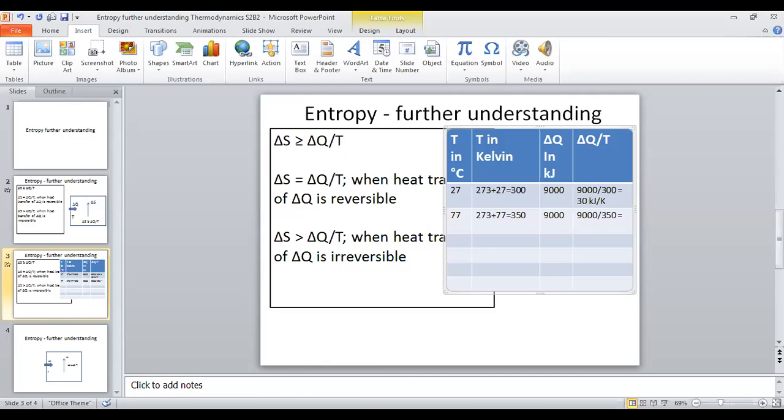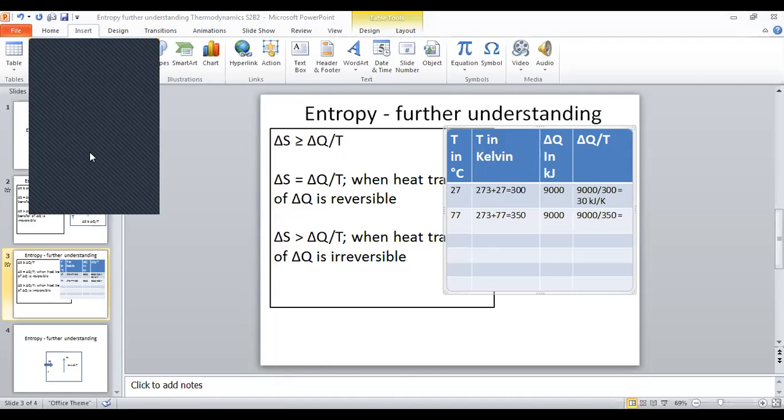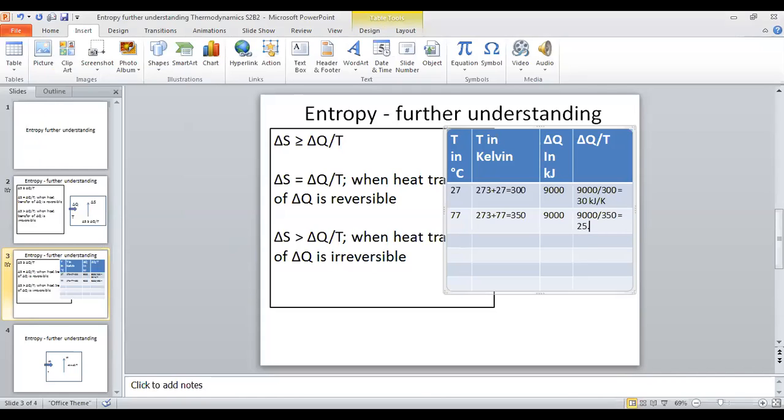Anyone has a calculator? This is 25.71 kilojoules per Kelvin.